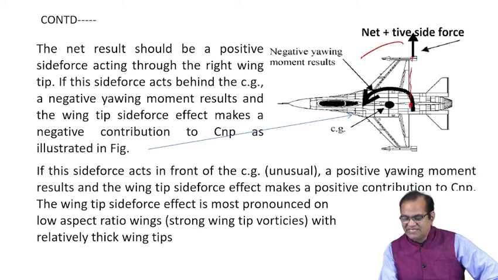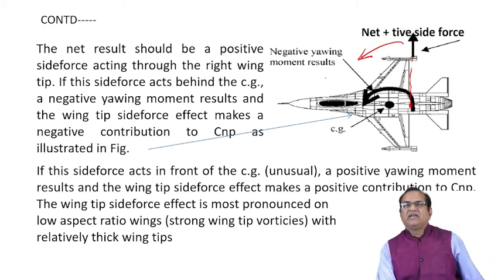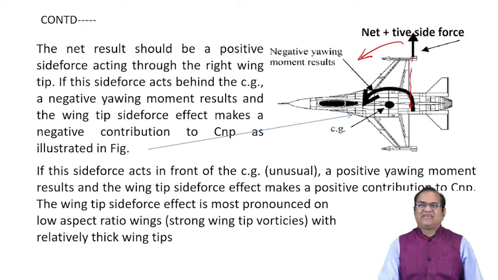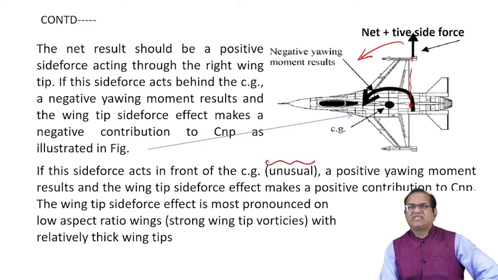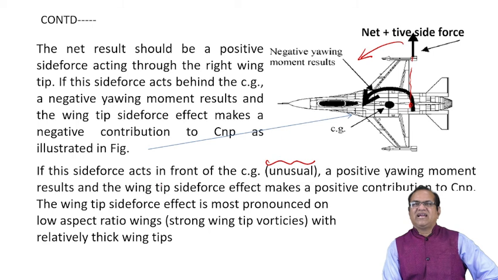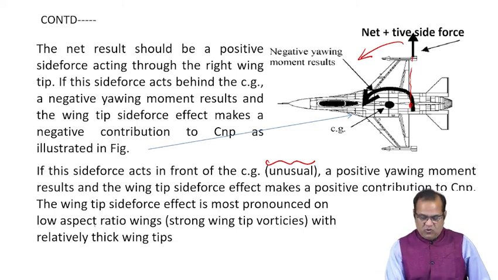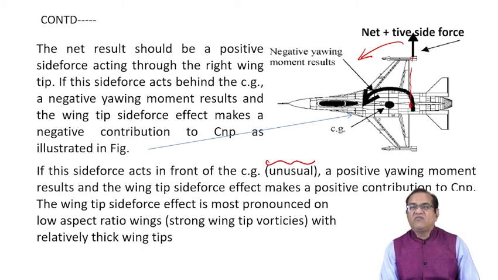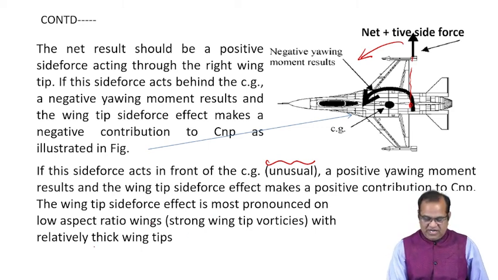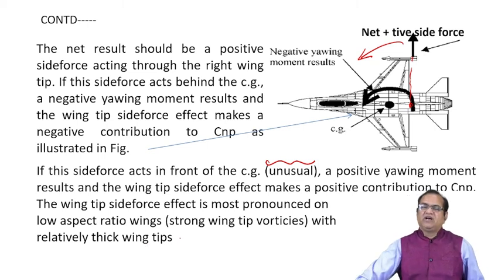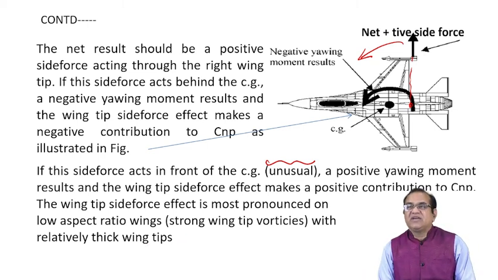So this will act as a negative side force, and if this side force acts in front of this CG, which is not normally possible, a positive yawing moment results and the wing tip side force effects make a positive contribution to the CNP. The wing tip side force effect is most pronounced on low aspect ratio wings, strong wing tip vortices with relatively thick wing tips. So if the wing tips are thick, this type of tendency is experienced very well.